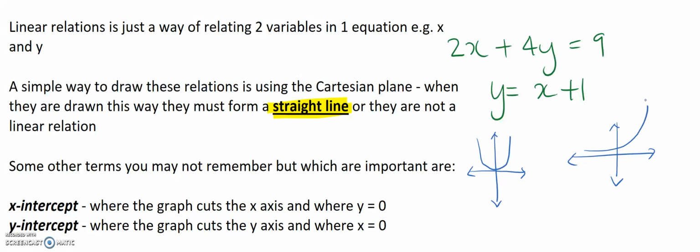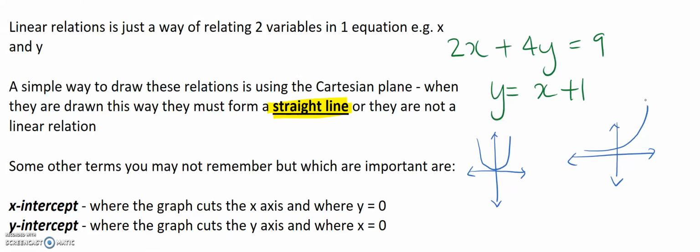And there's a range of other relations which we will look into later. At this point, what we need to remember is that whatever graph we get, it needs to be a straight line.